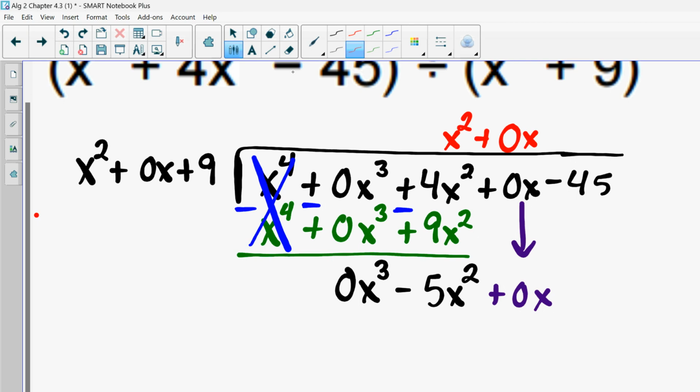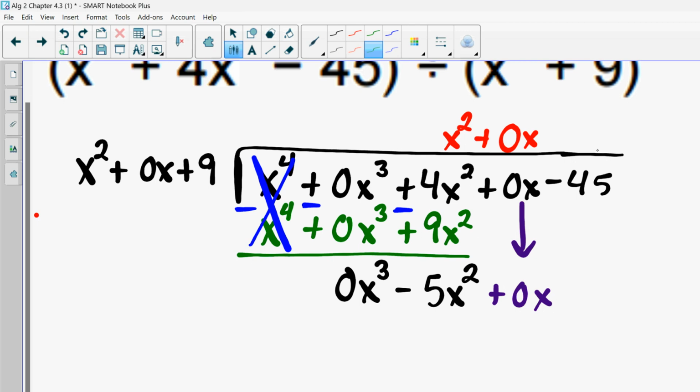Because the only way to turn 1 into 0 is multiplying it by 0, yes? And we could go through this step of saying 0x times x squared plus 0x plus, 0x cubed plus 0x squared plus 0x.